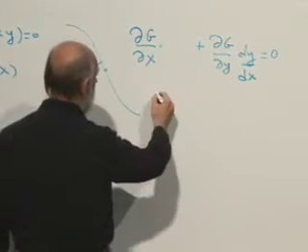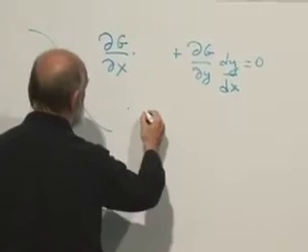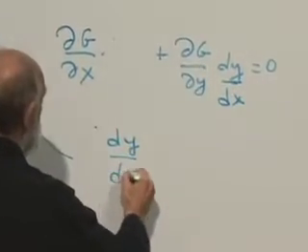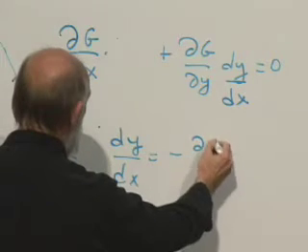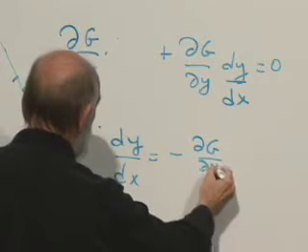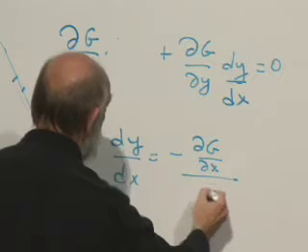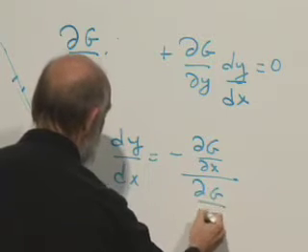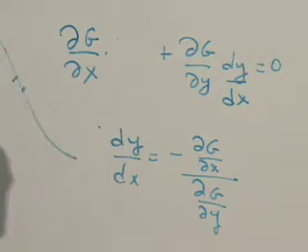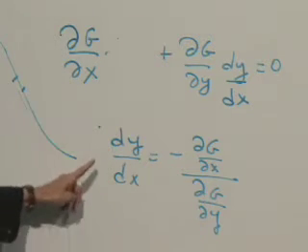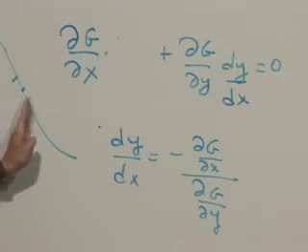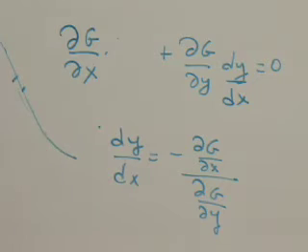Dy by dx is equal to minus dg by dx divided by dg by dy. Right, very simple. We just use the statement that along the constraint, g is constant, and that tells us something about the derivative of y with respect to x along that curve.